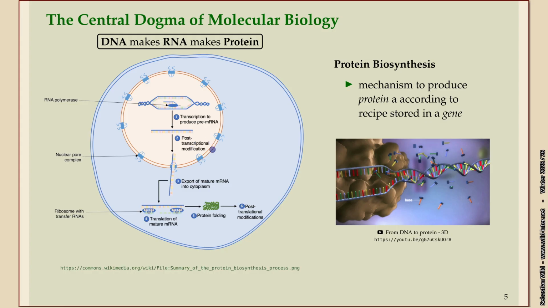So essentially the copy is still a bit modified. There are some pieces cut out. Once this is done, this mRNA exits the nucleus and is then translated into a protein in one of the ribosomes. And that mechanism is also interesting in its own right.